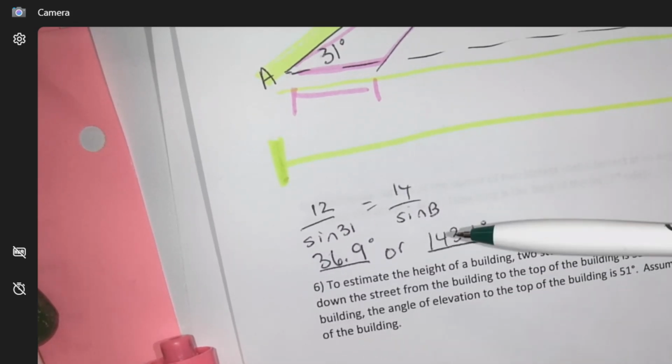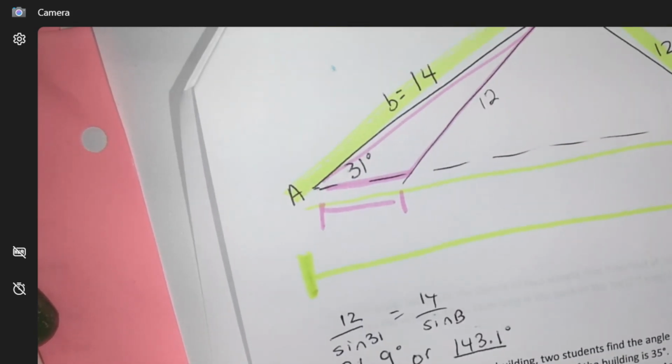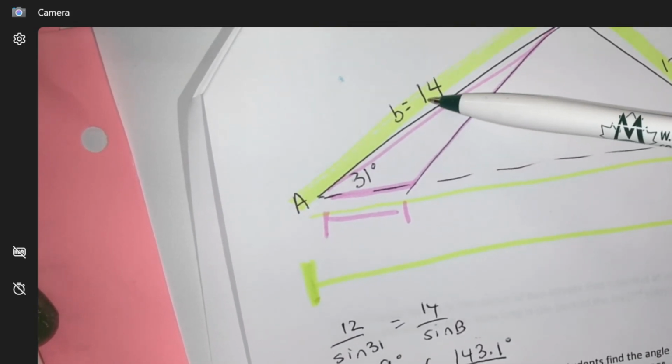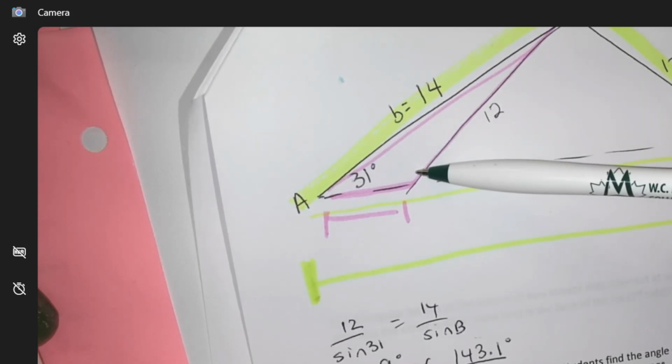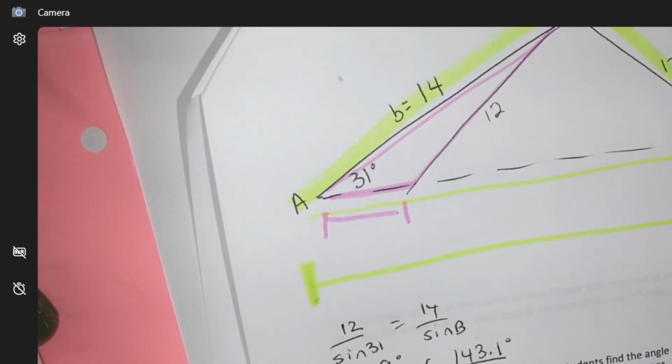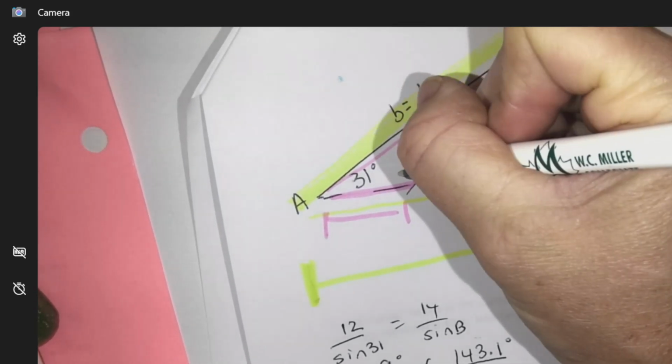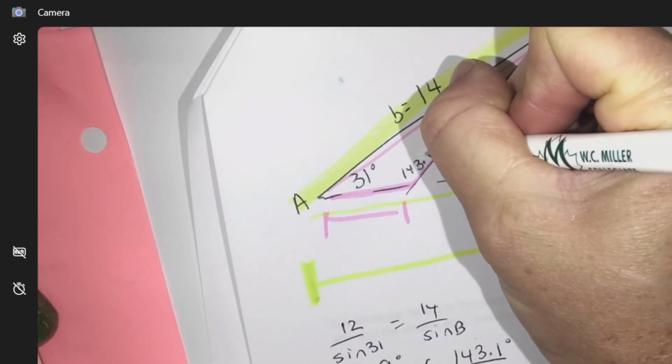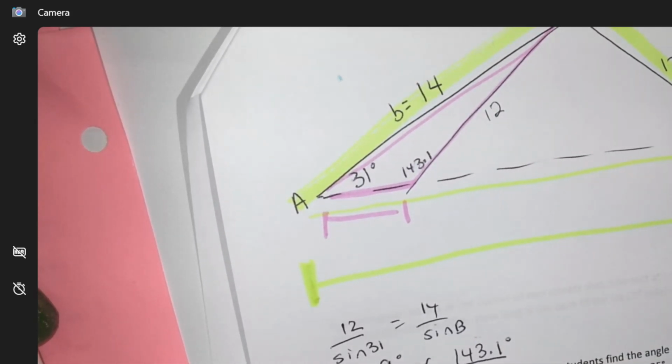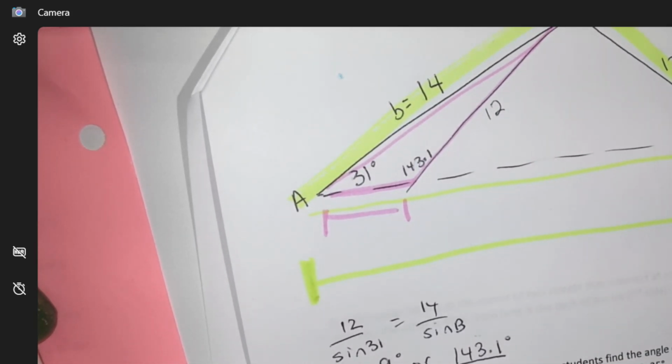Okay, so here's the deal. It has to go across 14. So thinking about my colors here, there's a pink angle across and there's a yellow angle across. 14 across from 14. So know where the small one goes and know where the big one goes. Okay, there's always one that's going to be bigger than 90 and one smaller than 90, always.